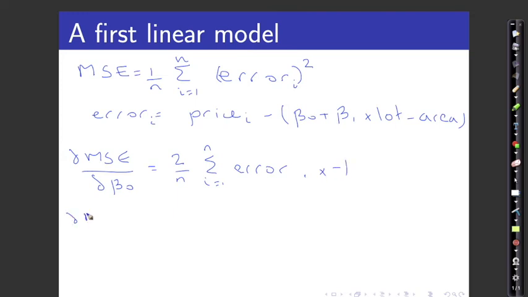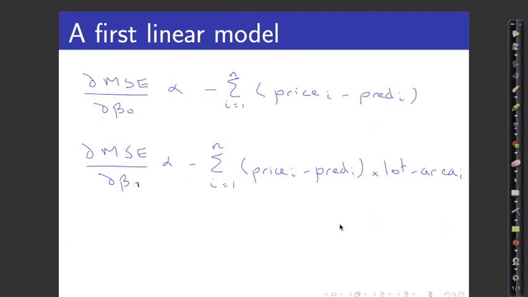If we do the same with respect to beta 1, we will get 2 over n, sum of the errors, times the differential of the error with respect to beta 1, which is minus the lot area. I've just written this out a little bit more clearly.